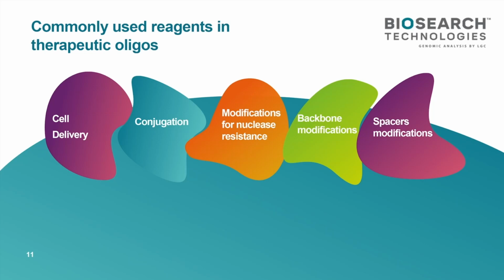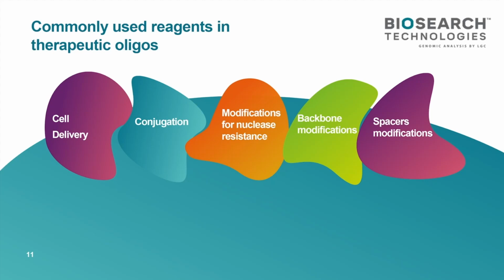So there is a big application for the therapeutic oligos. Those of you who are in the siRNA world, in the ASO world, which is antisense technology, it's a quite wide field of applications and a lot of different modifications that go into this field. Also, the oligo buckets that apply would be cell delivery, conjugation, modifications for nuclease resistance, because when you do RNA, RNases love it.